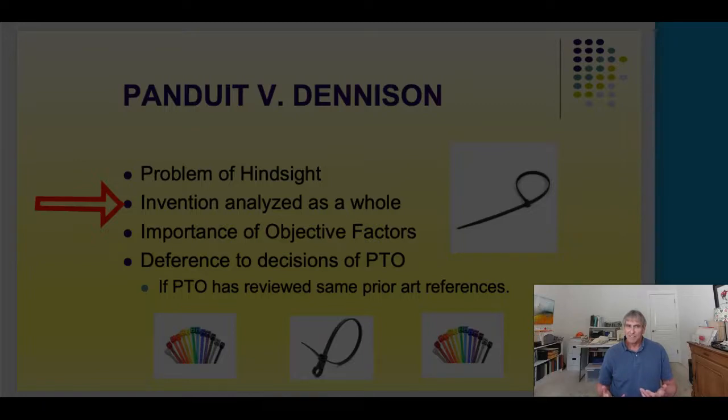Next on the list is an instruction to evaluate the invention as a whole when addressing non-obviousness. So, when inventors develop new products, it is fairly common for them to use existing technologies and processes, but then assemble them in some unique fashion to create a different result. And this was the case with Panduit's cable tie.